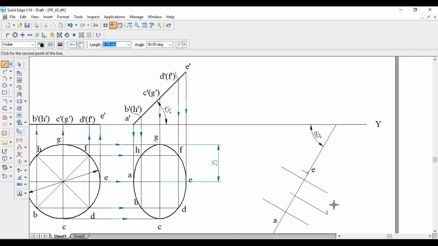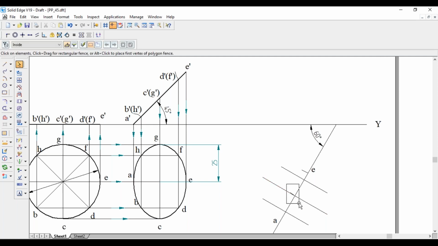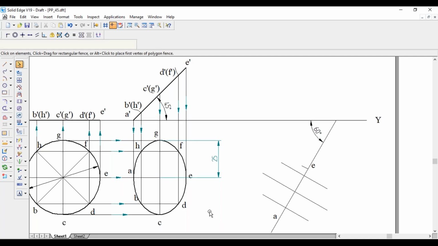Same on the opposite side also. So this is B, C, D, F, G, and H.